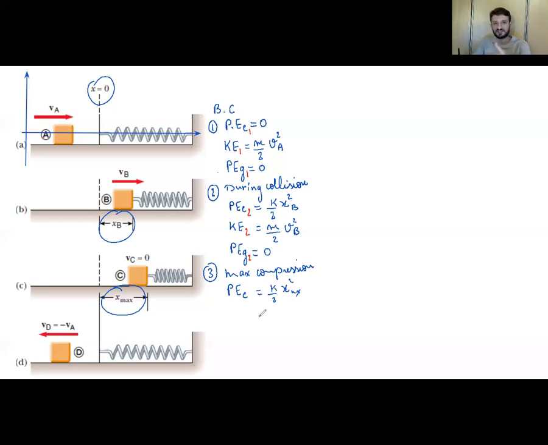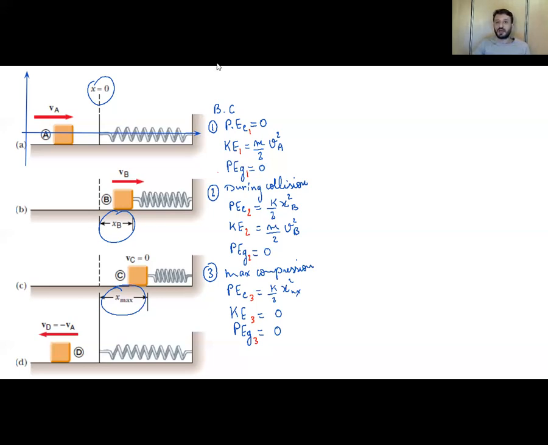No. At the maximum position, we don't have velocity, so the kinetic energy equals 0. Also we don't have gravitational potential energy, h equals 0. Here we are talking about the third state.